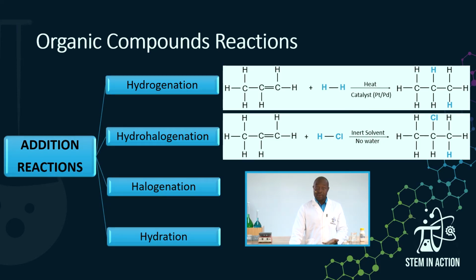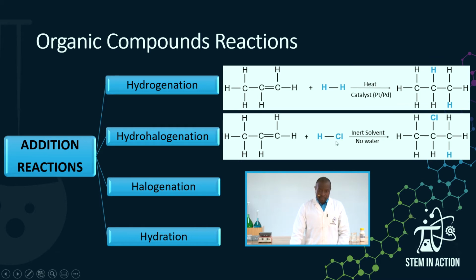So a solvent that you use should not be reactive. And usually what is used there is chloroform, or we make sure that there's no water, right? Because if there is water, the water is going to interfere with the reaction. Or if we have a solvent that is not inert, it's going to interfere with the reaction, and we produce a different product than the one that we want.